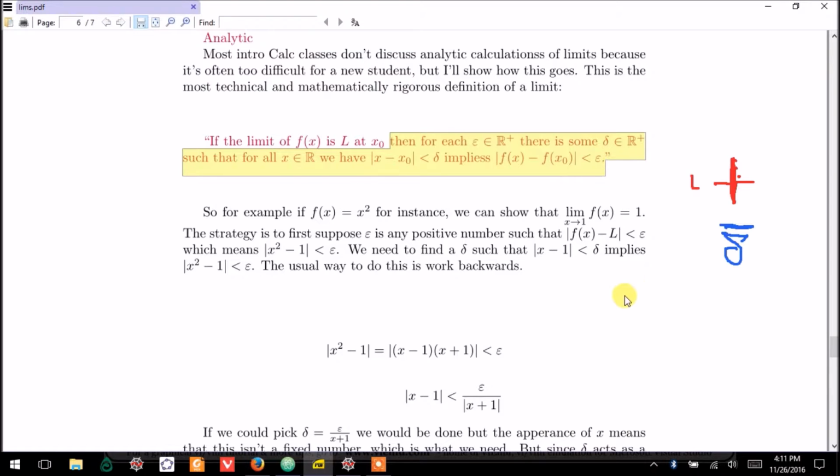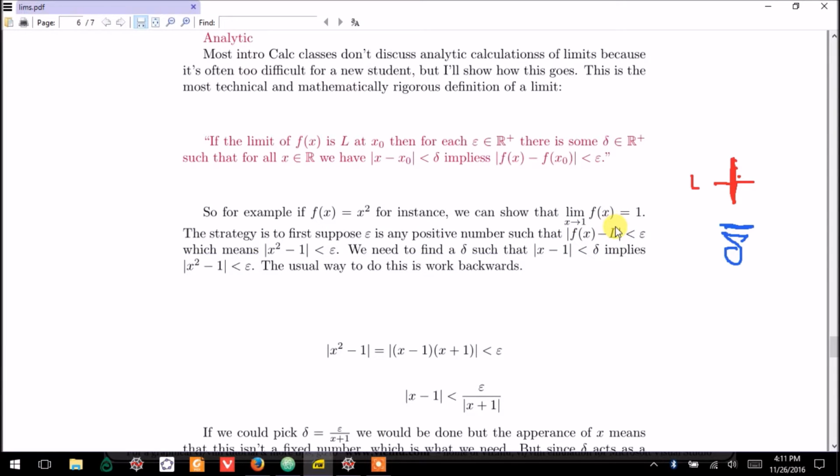If these formal conditions hold, then we know the limit exists and is equal to 1. So we suppose that we have any arbitrary epsilon. We do not know what epsilon is. It could be anything. It is our error bound on the y values.